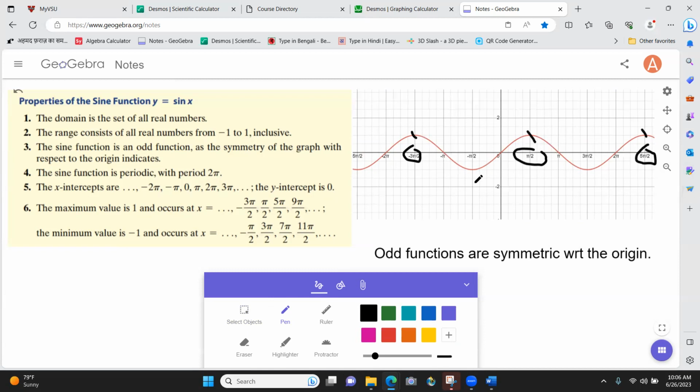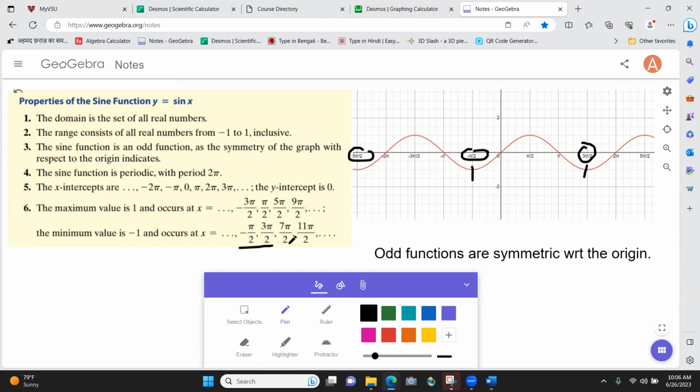And the same thing, the minimum value. Let me get rid of this. The minimum value is the bottom; it takes place here, here, which would mean here, here. I think I can see one more here.